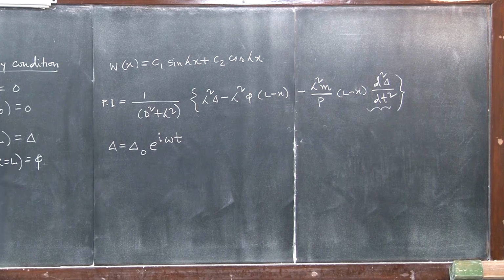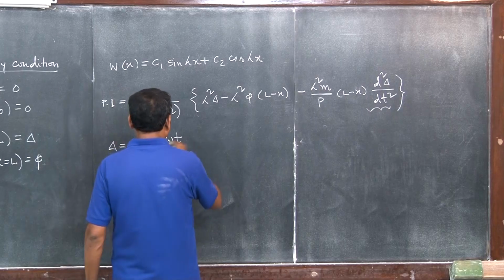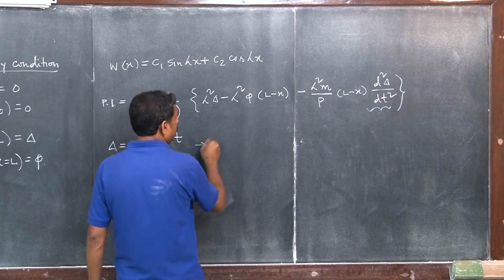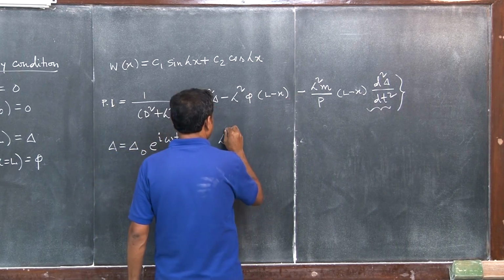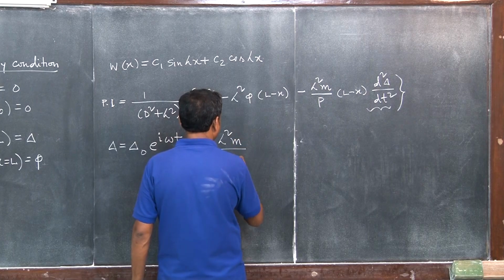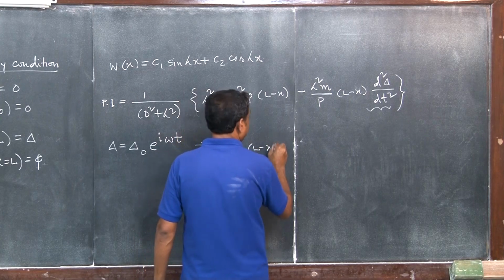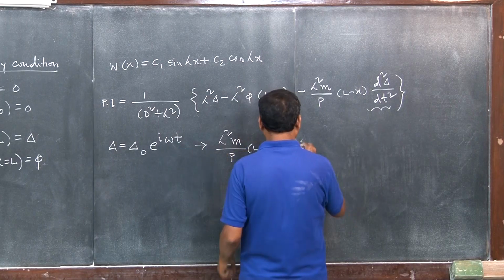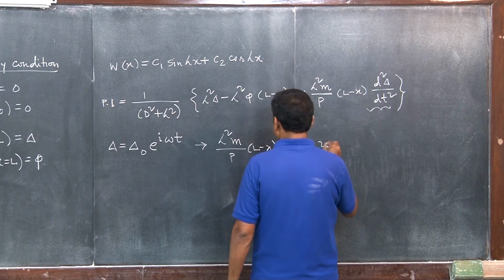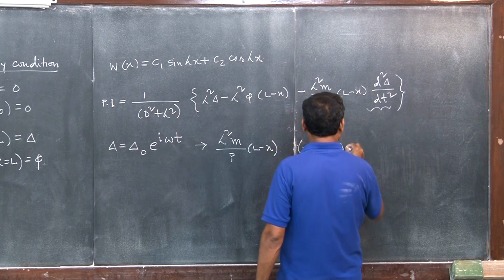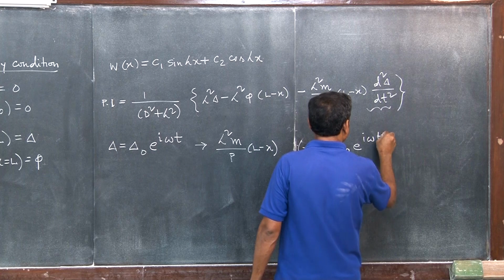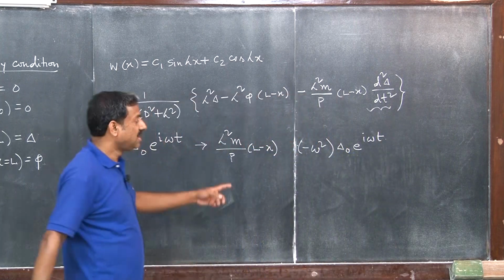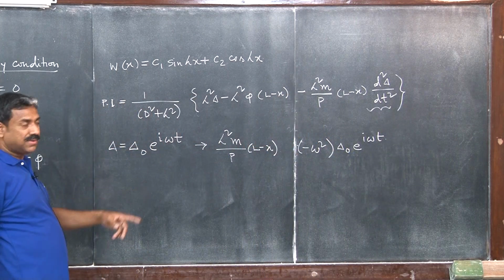So similarly, if we do this, then from here this term comes as lambda m/P (L minus x), and this one differentiated twice will be minus omega square delta 0 e to the power i omega t. Okay, fine.